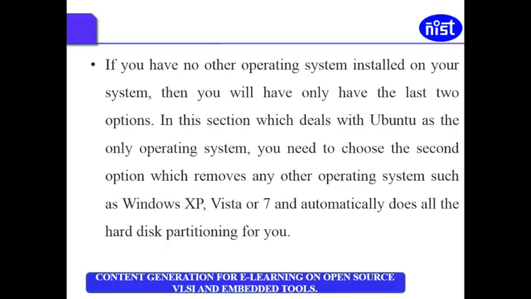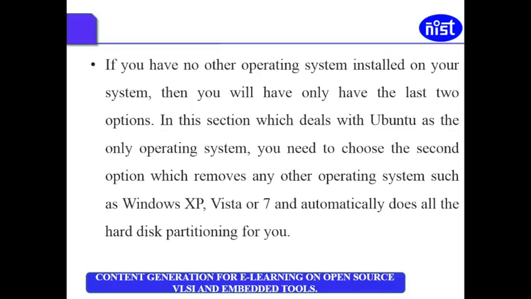If you have no other operating system installed on your system, then you will have the last two options. In this selection, which deals with Ubuntu as the only operating system, you need to choose the second option, which removes any other operating system such as Windows XP, Vista, Windows 8, Windows 7, whatever.